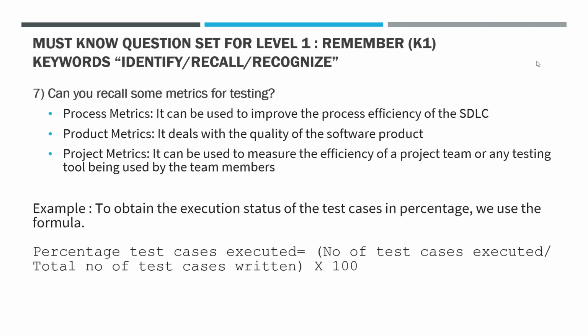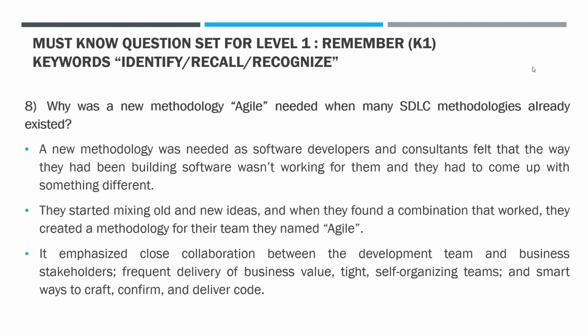Coming to the 8th question, why was a new methodology agile needed when many SDLC methodologies already existed? Well, a new methodology was needed as software developers and consultants felt that the way they had been building software wasn't working for them, and they had to come up with something different.